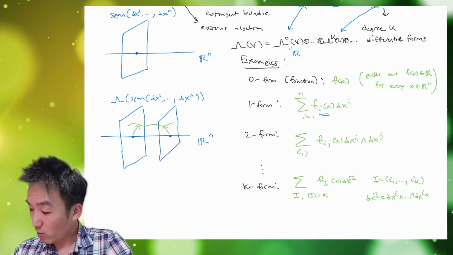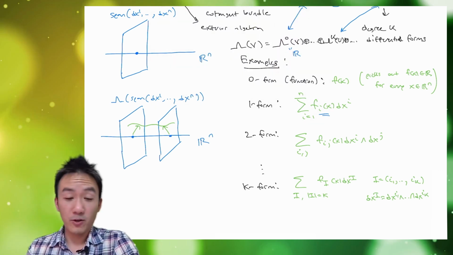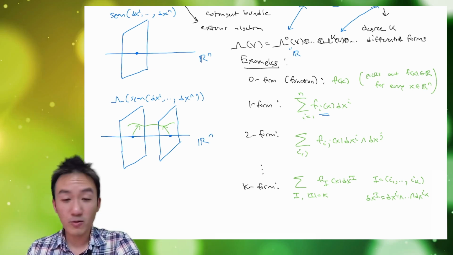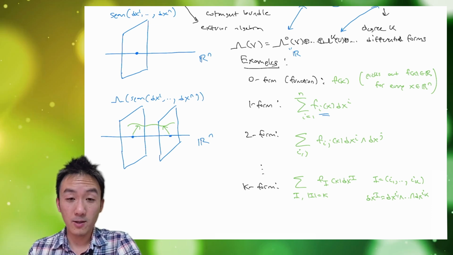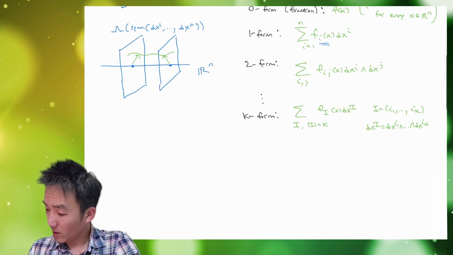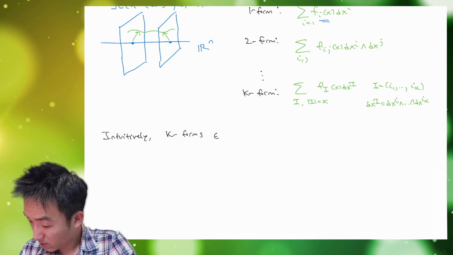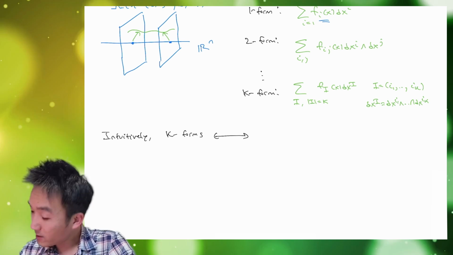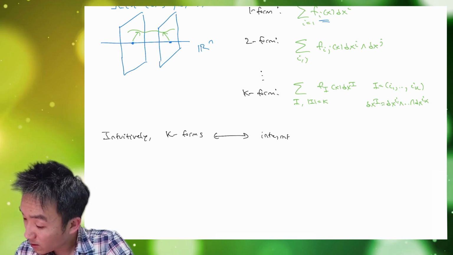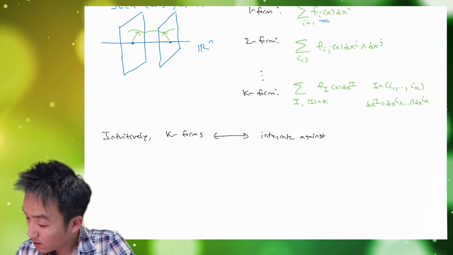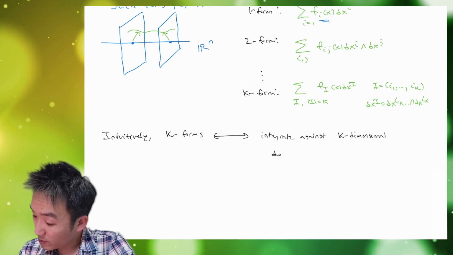Okay, so why do we care about differential forms, or how might we want to intuitively think about them? It's a bit notation heavy if you haven't worked with these objects before. So intuitively, k-forms are things that you can integrate against k-dimensional domains.